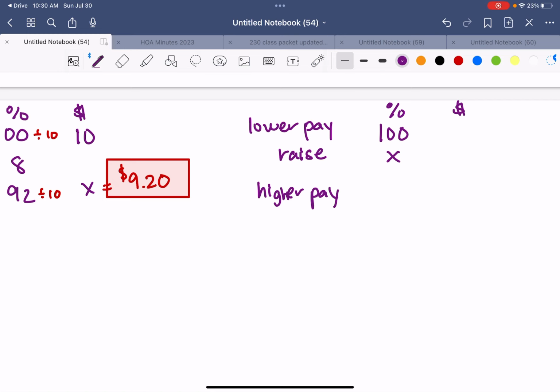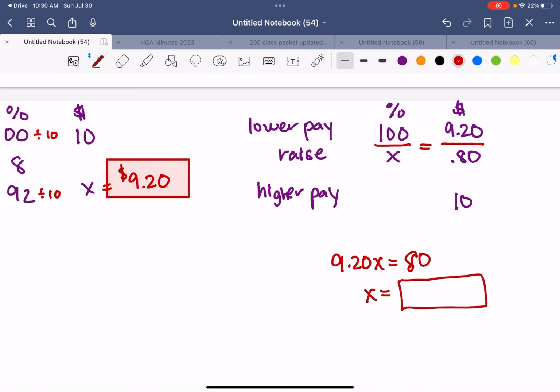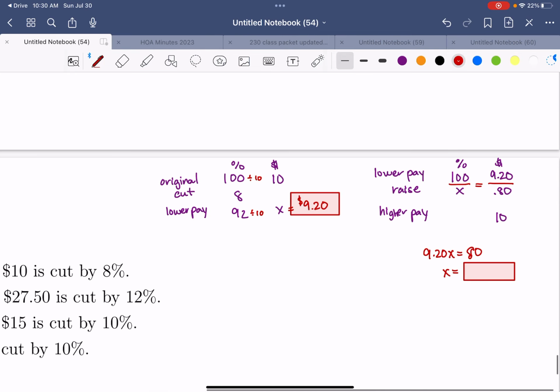And then we know that the lower pay is $9.20 and the higher pay is $10. So we need to get a raise of 80 cents. From here, you can go ahead and cross multiply, and that's going to give you 920x is equal to 80. And so then x is equal to whatever that's going to be. Each time you're going to set up that same procedure where you start with your original, use your pay cut to find your lower pay, then set up a new chart where you start at the lower pay.